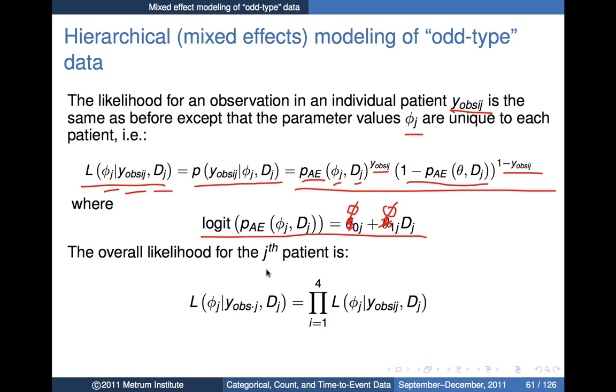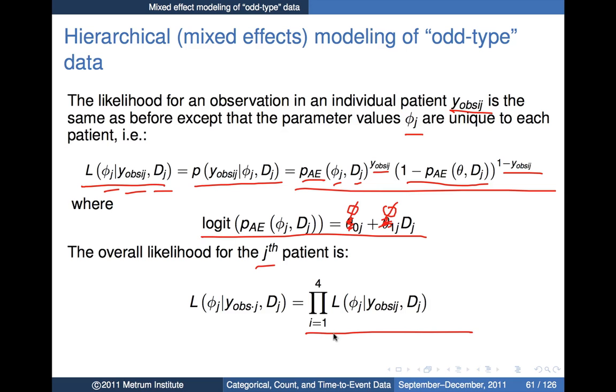And the overall likelihood then in our jth patient is going to be to take the 4 values within that patient, and assuming they're independently observed, that we can treat them as independent, then we can just multiply them together to get the individual specific likelihood.